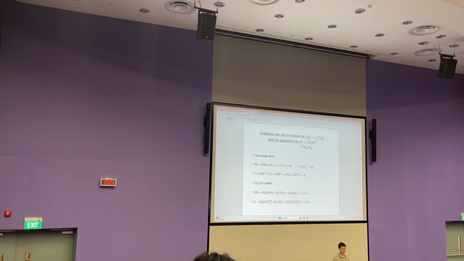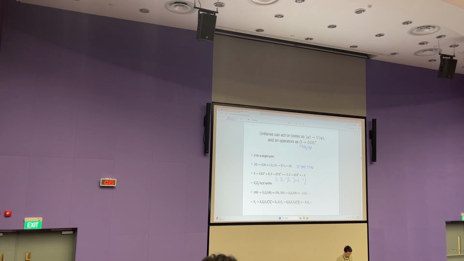X Y X dagger is equal to minus Y. We can check this. So X is this one, Y is this one, and X dagger is also this one. And you can check this is equal to minus Y. And the same for Z.